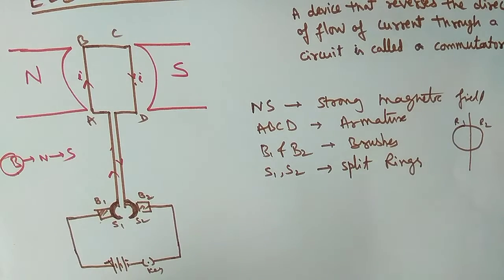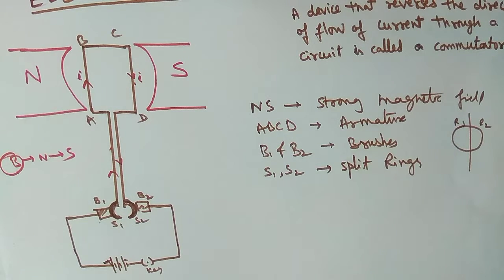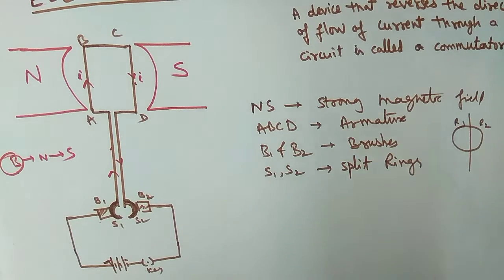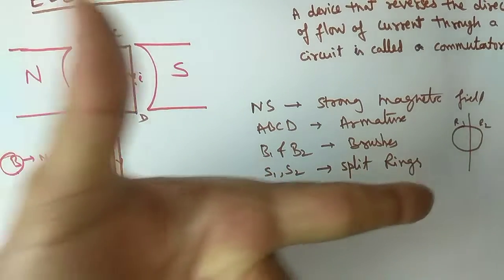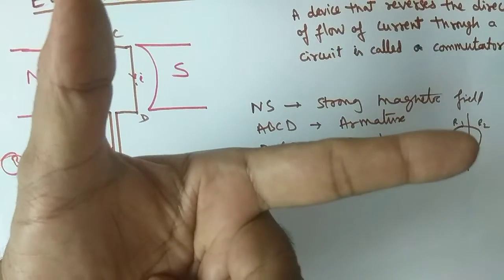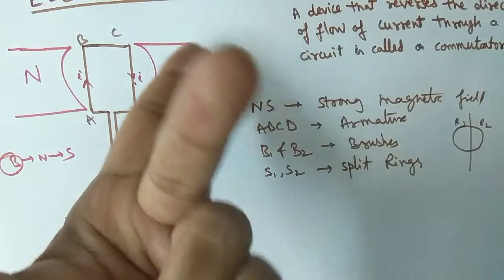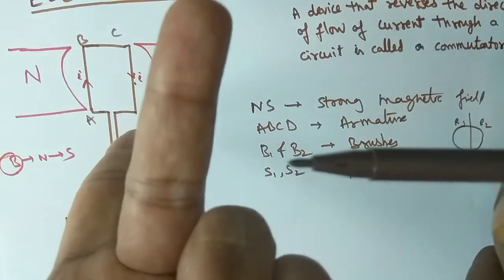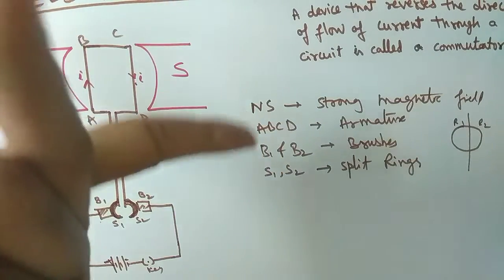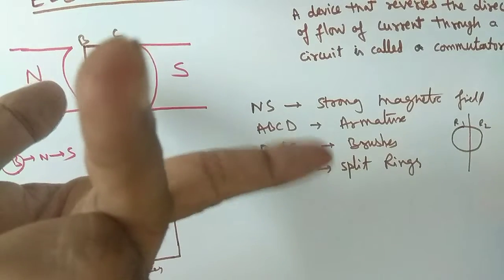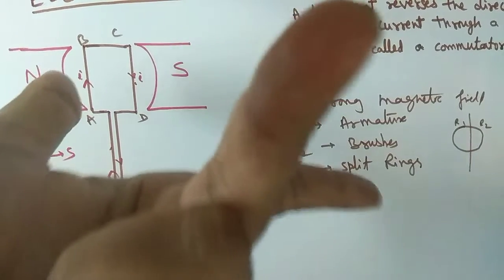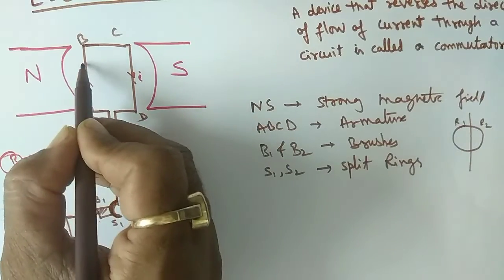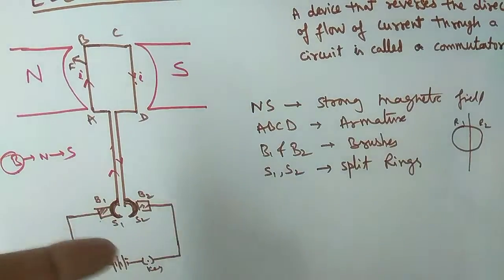Just see, use Fleming's right hand rule. According to the right hand rule, I am showing here, this is F, this is B, and this is I. Keep this finger I in the direction of AB, and this finger is the direction N to S. So what is the direction of the magnetic force? It is the downward direction.